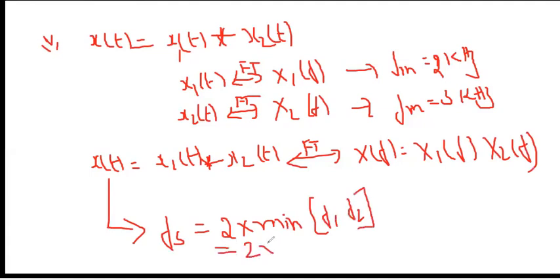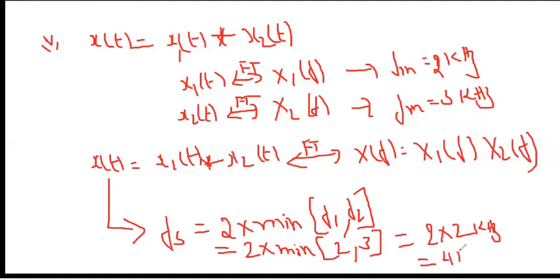Which is the minimum here, f1 or f2? F1 is 2 kilohertz and f2 is 3. Okay, my dear students, so 2 into 2 kilohertz, because 2 is the minimum. We get 4 kilohertz for the sampling frequency of x of t.